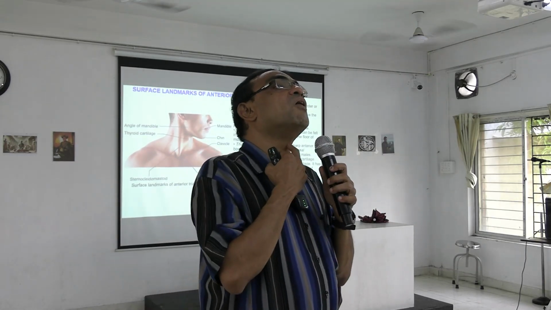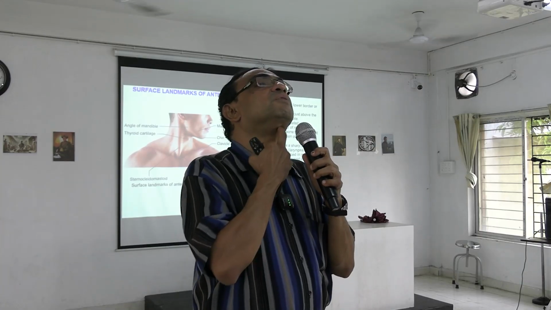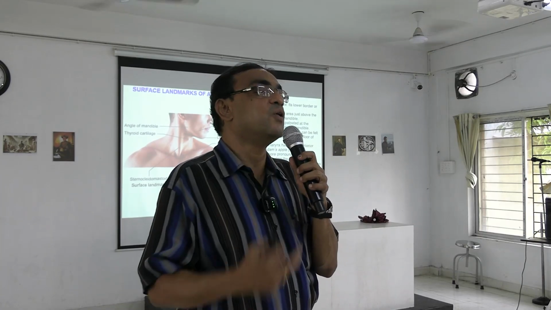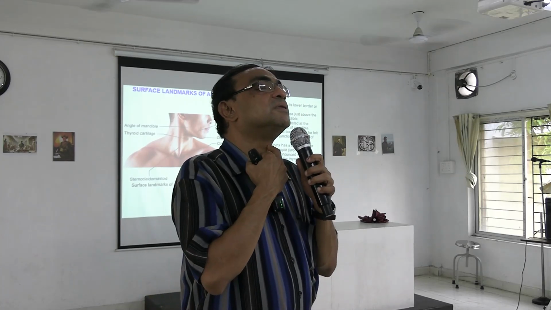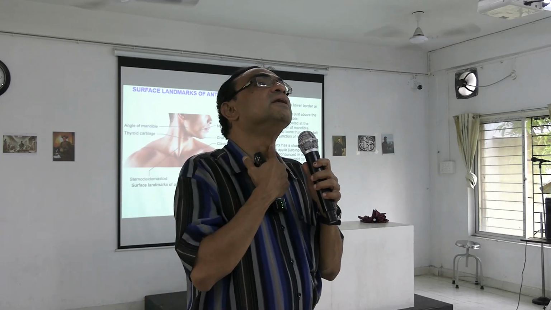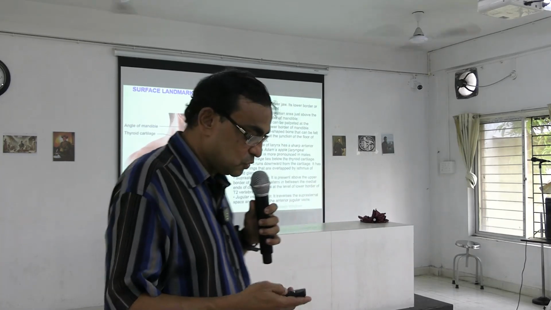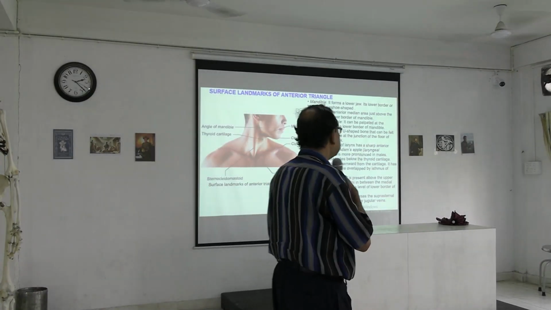So from the thyroid to hyoid, there is one membrane which is called thyrohyoid membrane. From thyroid to hyoid, one membrane is there, the thyrohyoid membrane. Okay. So these are some structures.